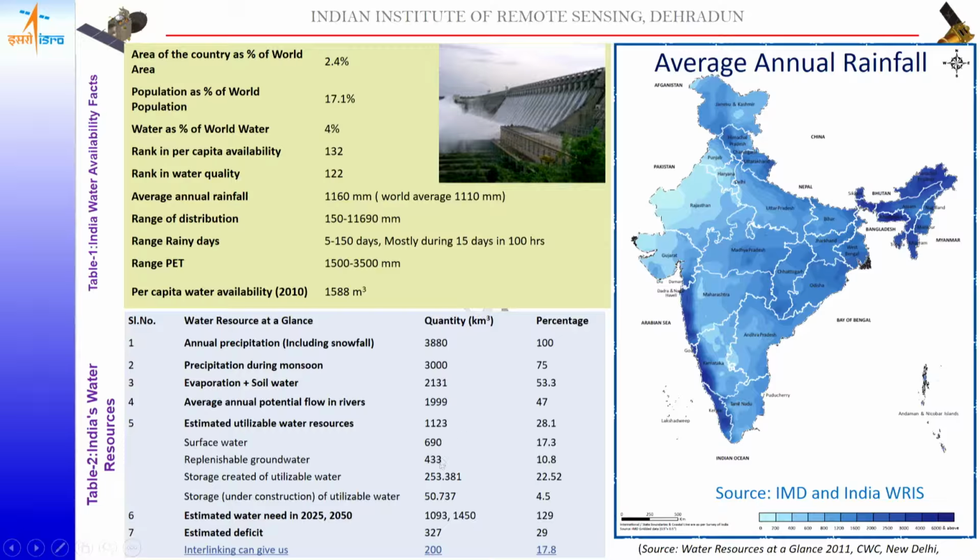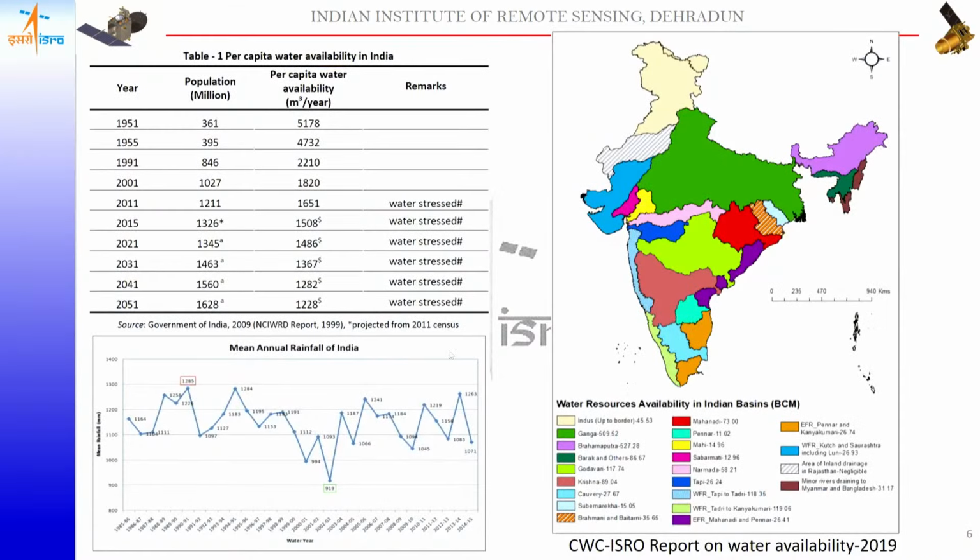So we have the similar water sources, but due to the population increase, there is a pressure on the per capita water availability. So that is why we need some information or technology which can give us better quantification of the water sources, and also give us scenarios, for example interlinking of rivers, which can reduce this deficit between the availability and the demand of water.